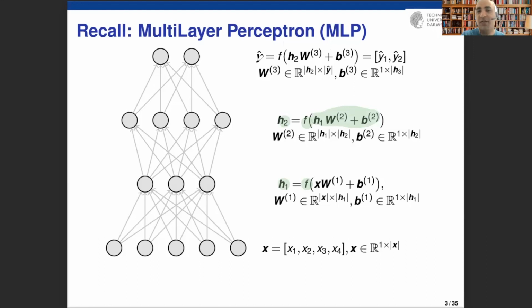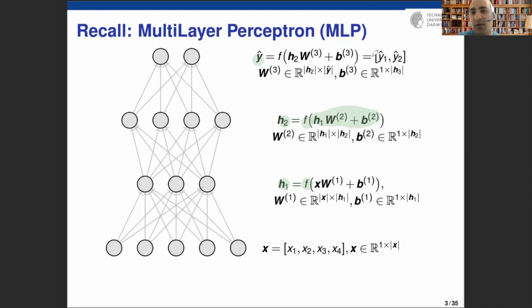And at the end, we do a similar operation here to get the vector representation over the labels or over the outputs that we have. And we use the y hat notation to refer to the prediction of the model. If the gold label, or the true labels in the training set, are shown by y, we use y hat to say that this is a prediction of y. This is not a true y, this is a predicted y.